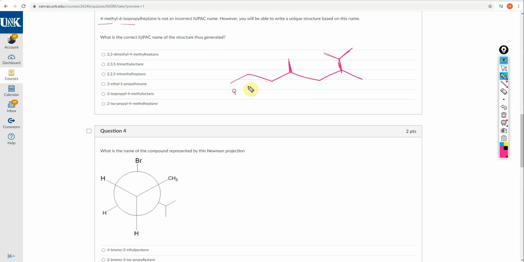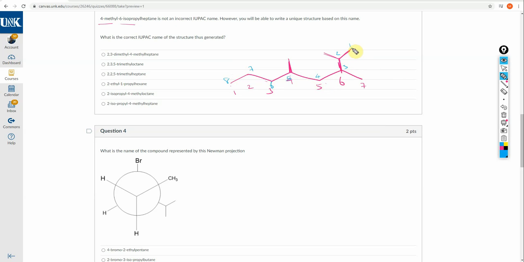So the wrong name is based on giving wrong locants and also identifying the wrong longest chain, because if you have this structure, then the longest chain is going to be the one that involves this carbon. So 1, 2, 3, 4, 5, 6, 7, 8. That will be the structure that I would want to go with because it has the longest chain as well as the most branching.